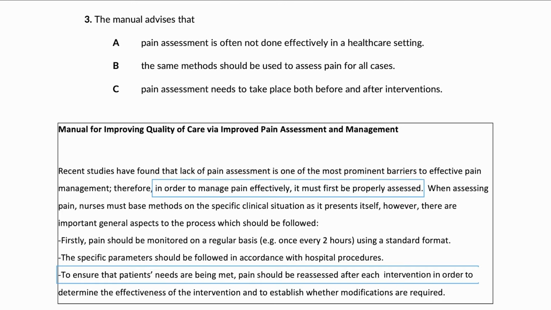Okay, now if we didn't read the text carefully, we might have missed that second point about pain being reassessed, so we wouldn't have got the correct answer. But because we read carefully, we know that the answer was C. Pain assessment needs to take place both before and after. So you can see here that it's very important to read the entire text carefully so you don't miss important details.